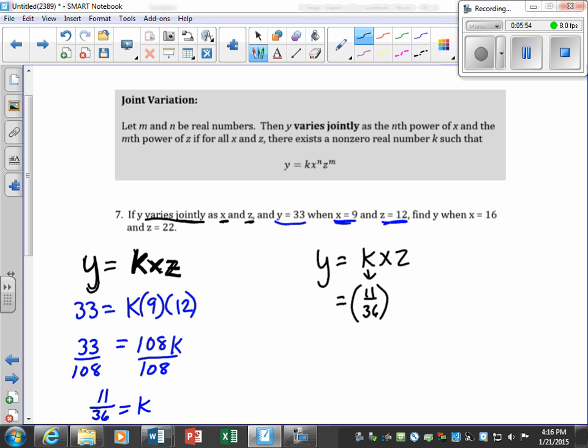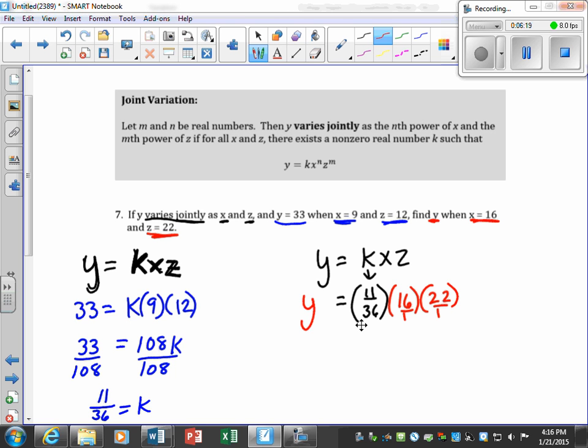And then we go back to the problem to plug in the rest of the given information. X is 16. Z is 22. Find Y. And at this point, we're just going to multiply everything on the top. So if you wanted to put these over ones, you would say 11 times 16 times 22.